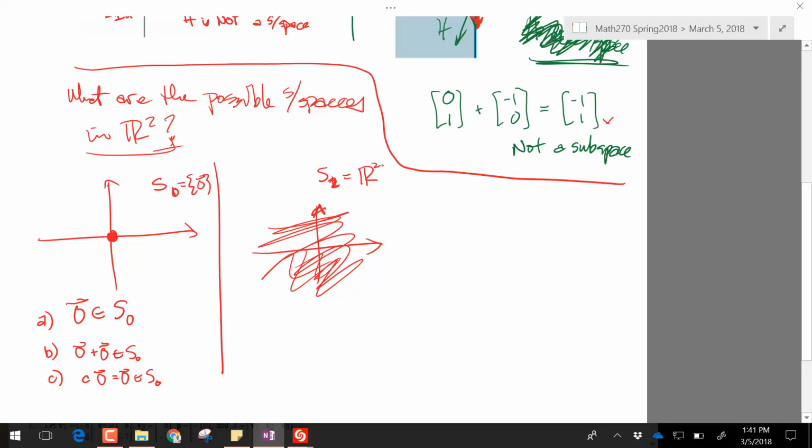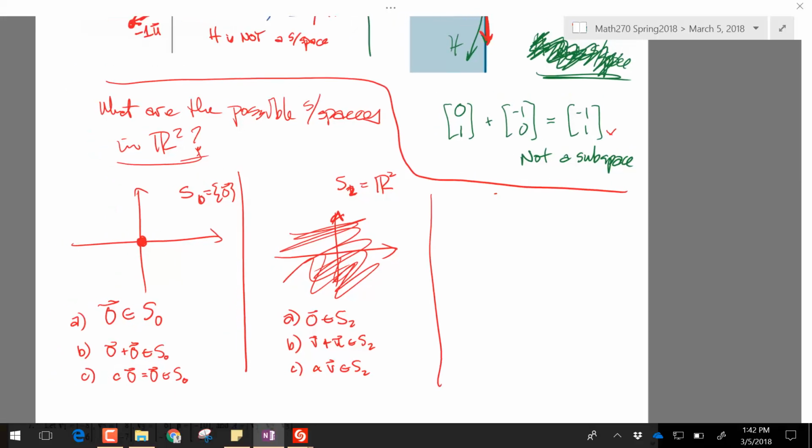And then all these three things would work. 0 is in S2. And if you take any vectors u and v and add them, it will be in S2 because it's in R2. And if you scalar multiply anything, it'll be in S2 because it's the whole thing. So there's a degenerate case and there's the whole thing. So now the question is, is there something in the middle?